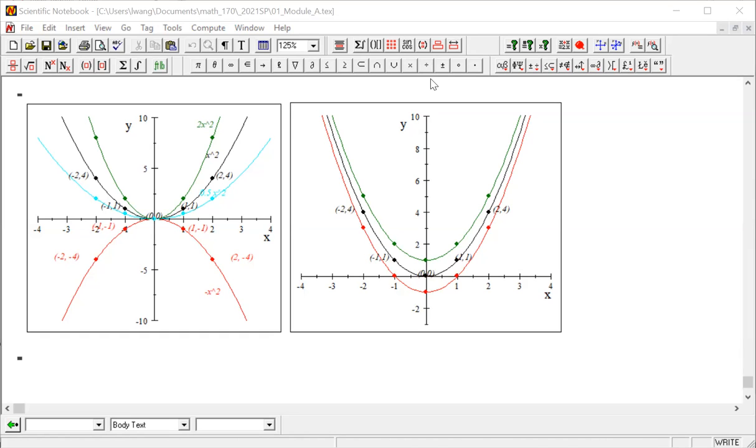The black, which is x squared, and that curve is symmetrical with respect to the y-axis. The green is 2x squared. And the blue here is half x squared.